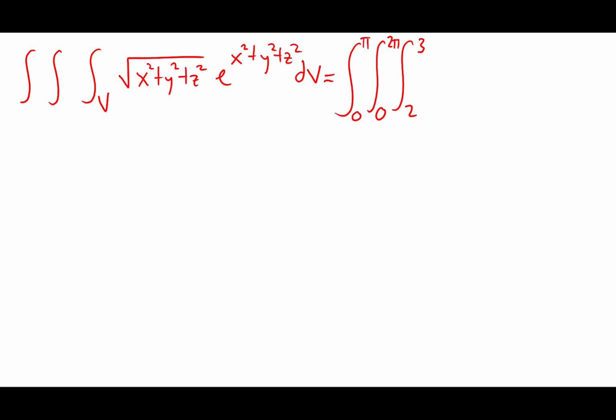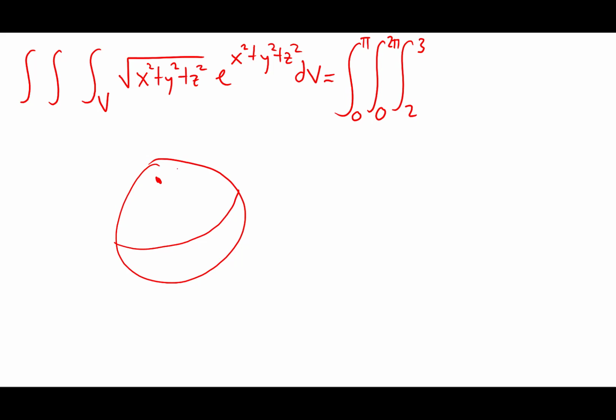One thing I want to point out too: if you went from 0 to 2 pi for phi, because you think you need to get all the way around, you would actually be double counting. Let's take a point on the back side of the sphere.